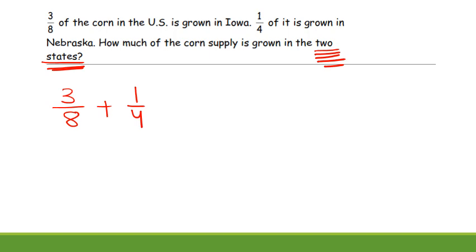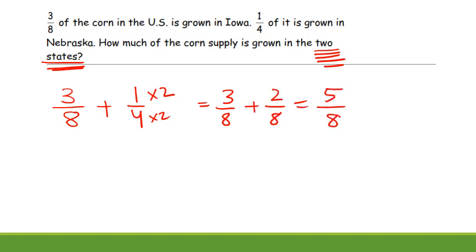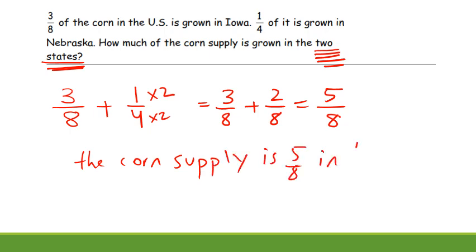Always pay attention if you have the same denominator. I multiply the 4 by 2. So I have now 3 over 8 plus 2 over 8. So it's 5 over 8. Full answer: the corn supply is 5 over 8 in the two states.